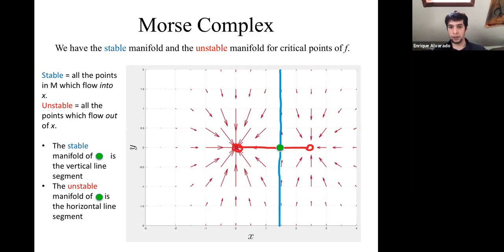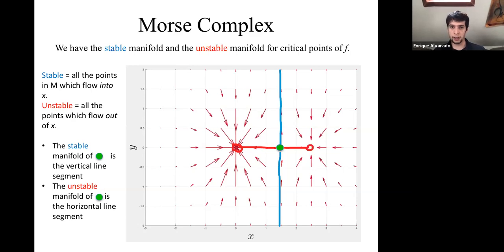Okay, so the nice thing is that as we go up in index, taking the unstable manifolds is like attaching a one cell in this particular case to the previous unstable manifolds.